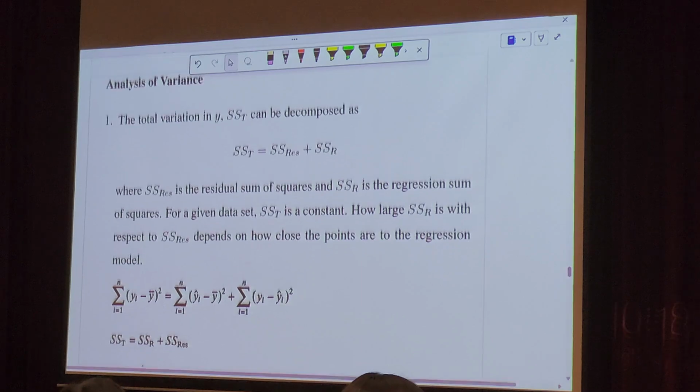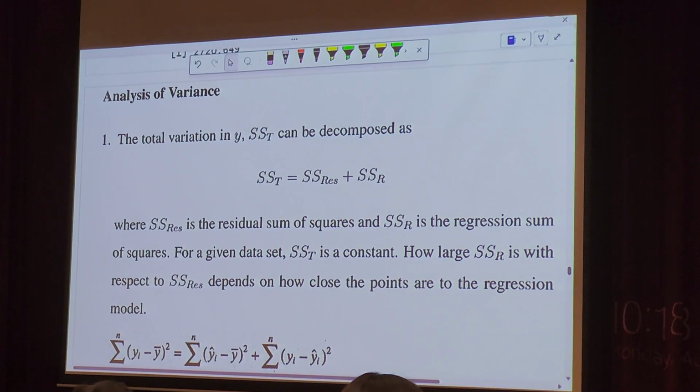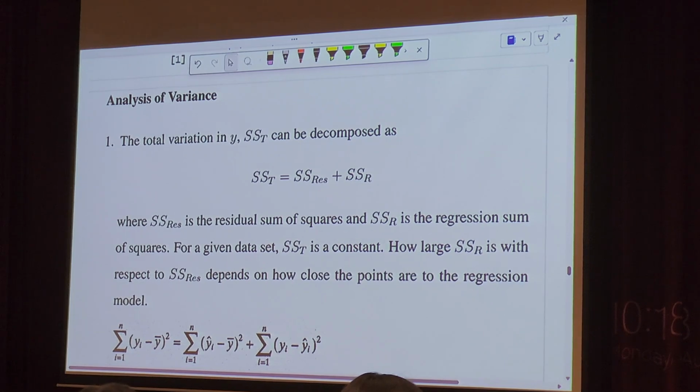Next, I want to talk about a very important concept in regression, which is called the analysis of variance. Now, so what is variance? Variance measures the spread of your observation.